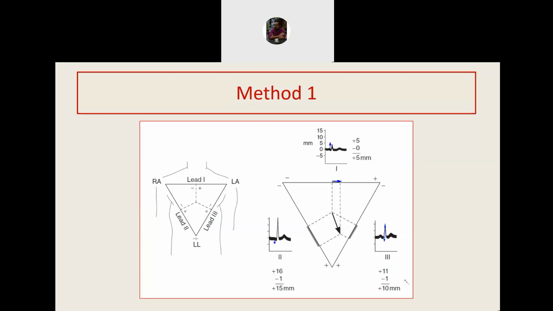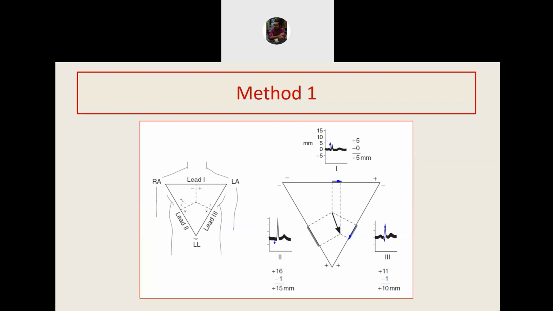So the net vector is 10 millimeters. So you plot 10 millimeters here. It is sufficient to plot any two. It's not necessary to plot all three, because if we get two components, you can easily get the vector. Then simply draw perpendiculars from the vector. The point where the perpendiculars meet gives you the mean vector with magnitude and direction. So this is the simplest way of finding out the vector.